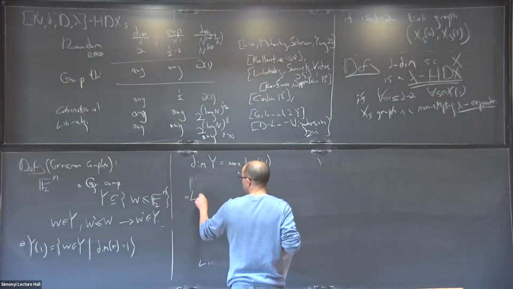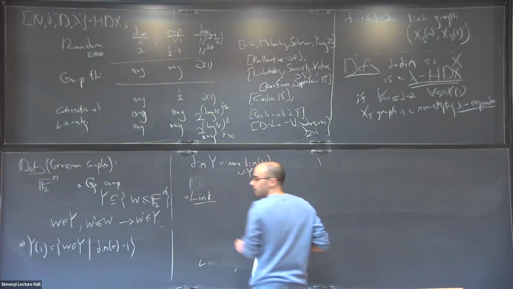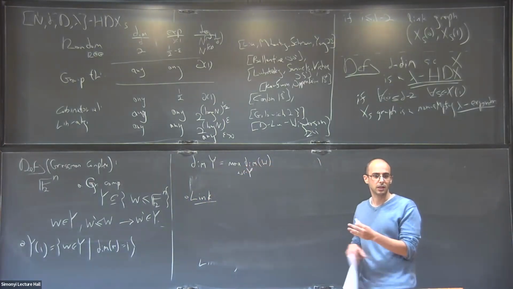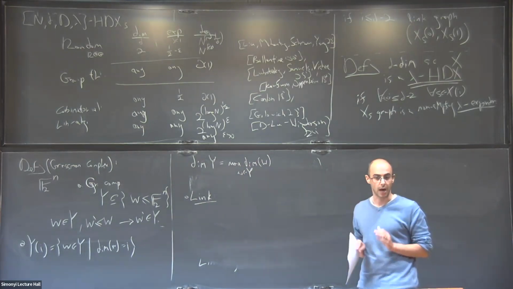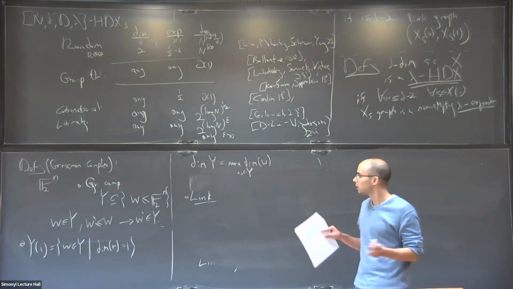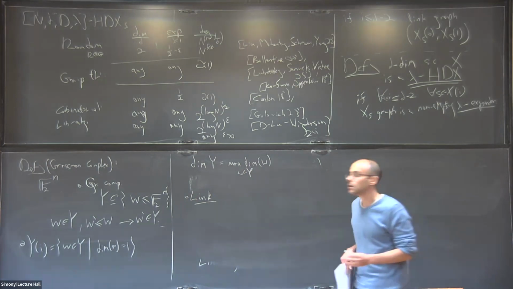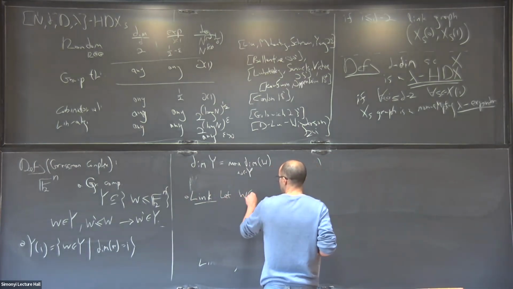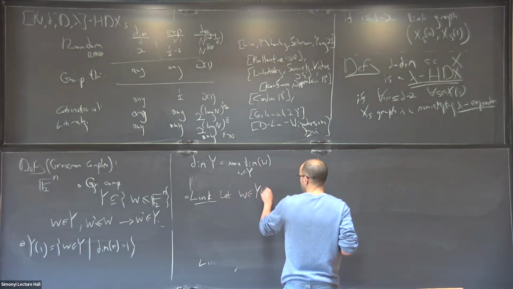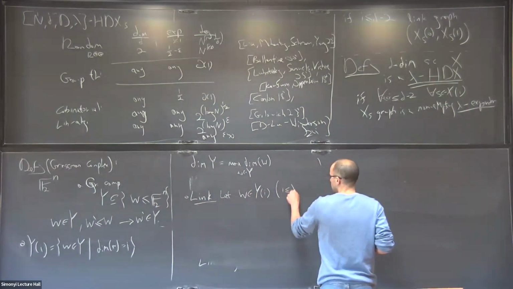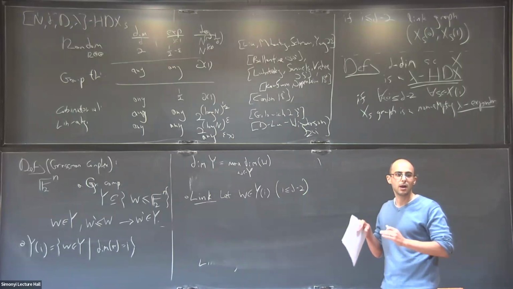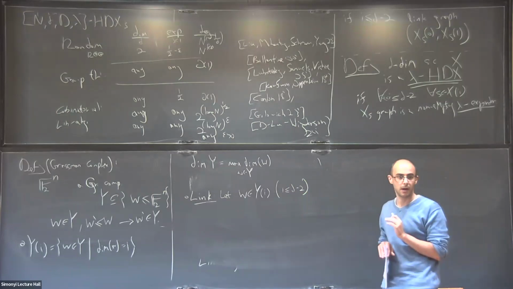And now I also need to define a link. So here I'm going to do a slight modification of what I did before. I'm only going to define the link graph. Not the entire link, but you can generalize this. So here's my link. Suppose I have some W in Yi, where I have i less or equal to d minus 2, so I will have spaces with 1 and 2 dimensions above it.